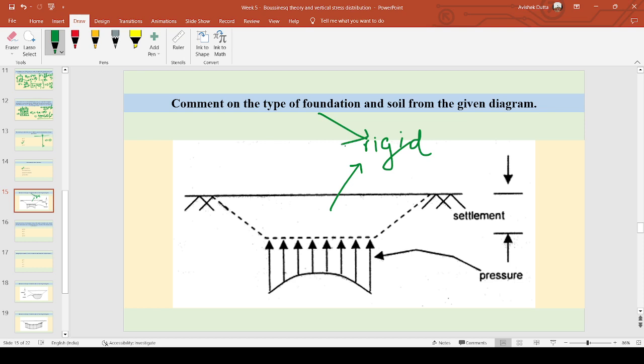Now, the contact pressure. If the contact pressure is very low at the center and high at the corners, then that signifies cohesive soil or clayey soil.